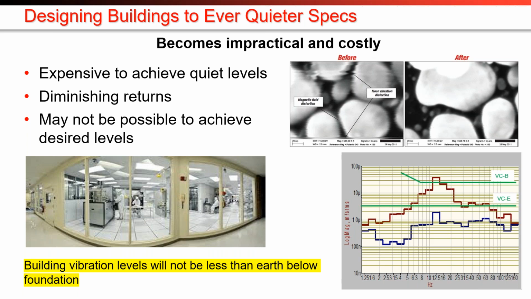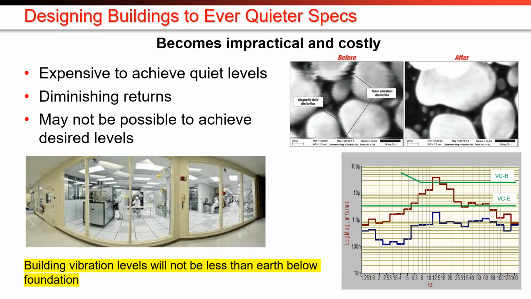And in the bottom right, what you can see is that a floor, the red curve, that exceeds, say, the VC-B level is able to be brought all the way down to below the VC-E level, so a jump of 4 VC curves plus by going from just the floor to one of these serial type active systems.